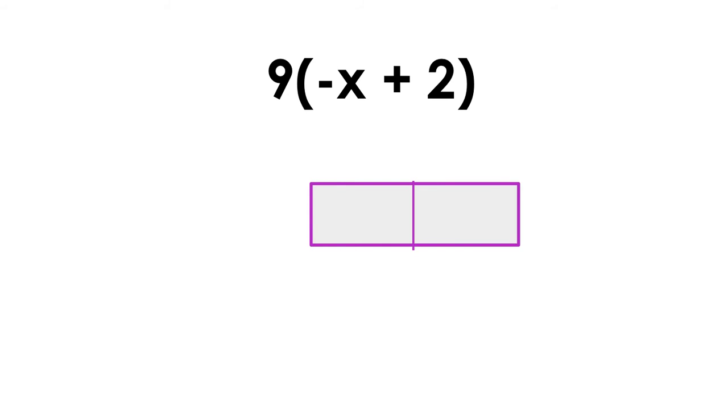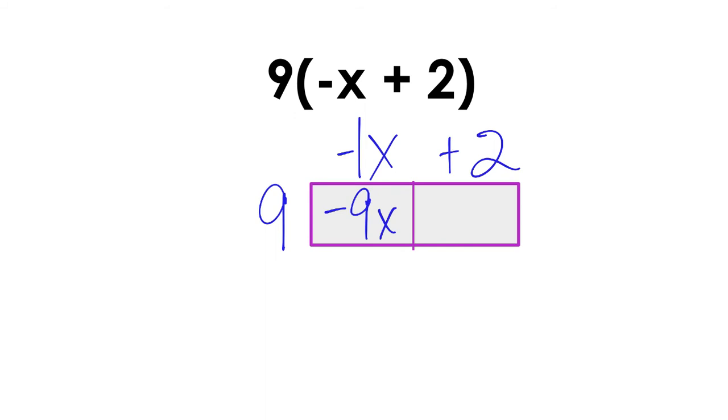I want to make sure everybody's got it. All right, so I'm going to go ahead and label. I have 9 and then minus x plus 2, or negative x, I guess. So remember, this is like having a negative 1 here. So this is negative 1 times 9, which would be negative 9x. And then 9 times 2, 18. But is it positive? Good.